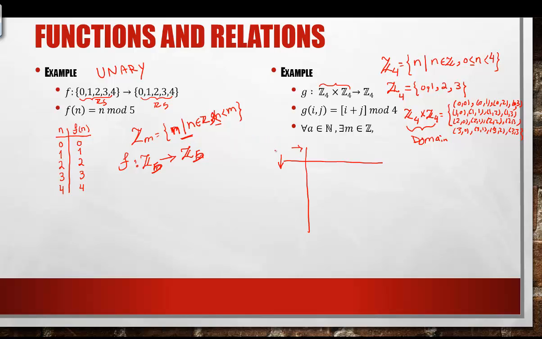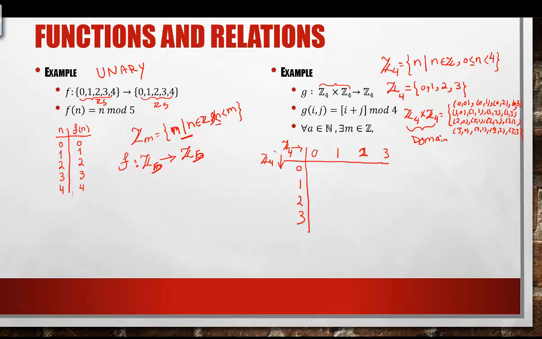Remember when I talked to you earlier about cross products of Z sub 4 and Z sub 4. So I've got 0, 1, 2, 3. So now instead of just one dimension, I have two dimensions: 0, 1, 2, 3 and 0, 1, 2, 3. Now it's very important to keep the order of my numbers.